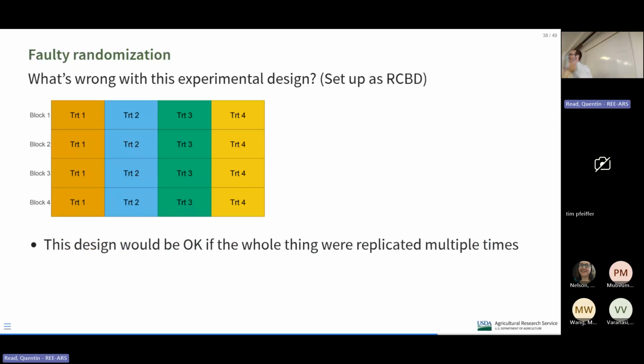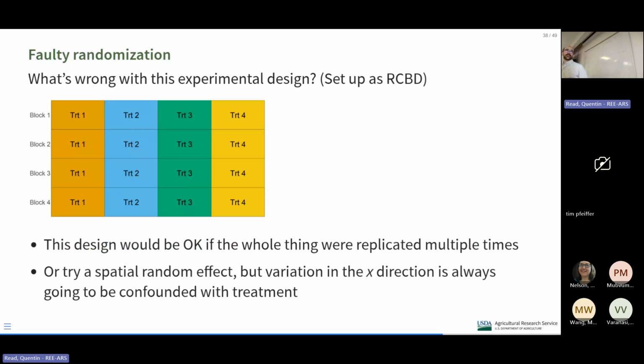That isn't so bad if this entire thing was replicated multiple times, but if this is the entire experimental layout, that is not good, because it is accounting for variation from north to south, right? Because you have some treatment ones in the south and some in the north, but the east to west variation in the X direction is always going to be confounded with treatment.